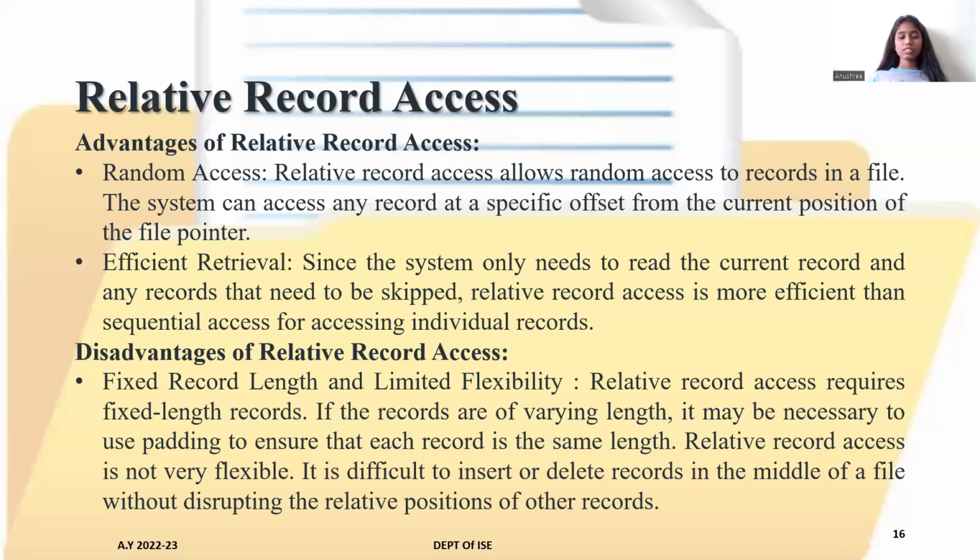Disadvantages are fixed record length and limited flexibility. Relative record access requires fixed length records. If the records are of varying length, it may be necessary to use padding to ensure that each record is the same length. Relative access is not very flexible. It is difficult to insert or delete records in the middle of a file without disrupting the relative positions of the other records.